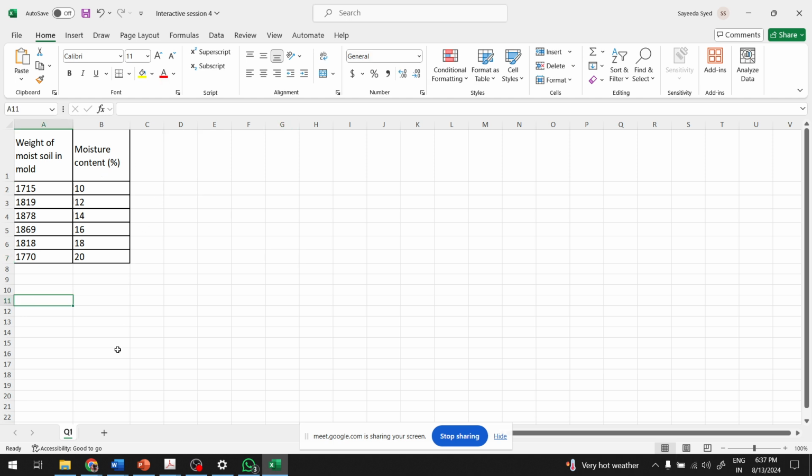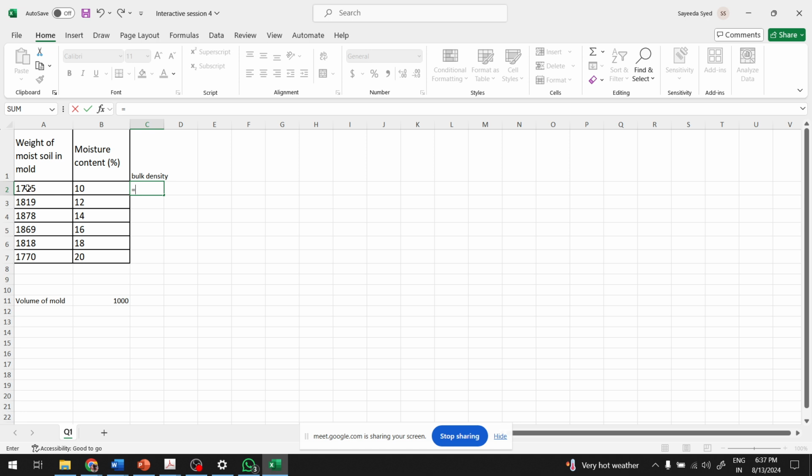We know the volume of mold is 1000 cc. So from the weight, we can calculate the bulk density by dividing the weight by volume.